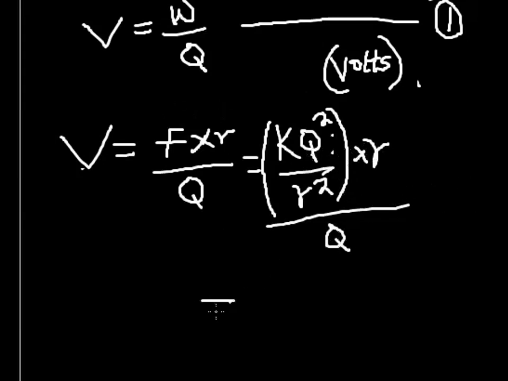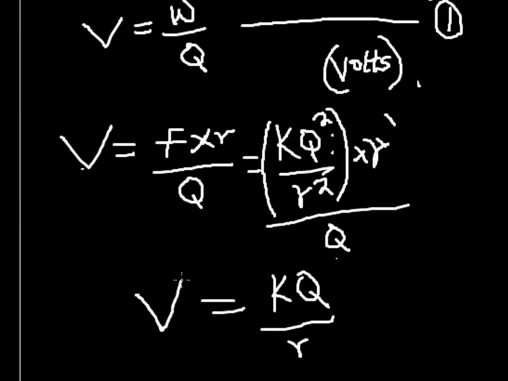So now let's start our division. R cancels R square, leaving just R in the denominator. Q square cancelled by Q leaves just Q in the numerator. So I will be left with just KQ, because one factor of Q has cancelled, and R is left with one factor of R. So this is another way of writing the formula of electric potential.